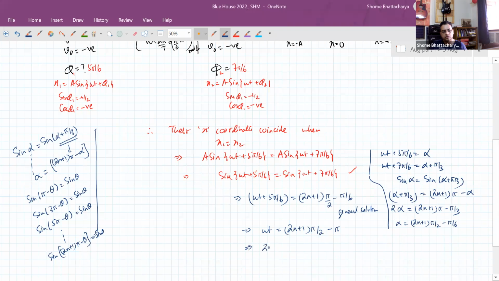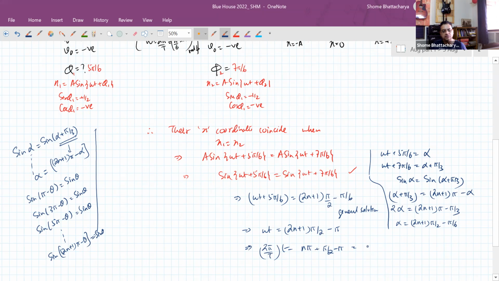So 2 pi upon time period into t should be in general equal to, so this will just become n pi plus pi by 2 minus pi. So that's the same thing as when n is any integer value.